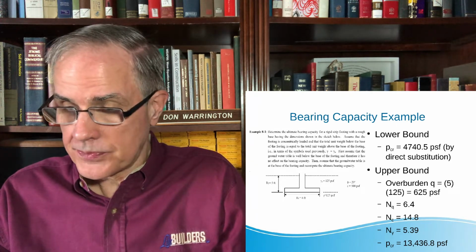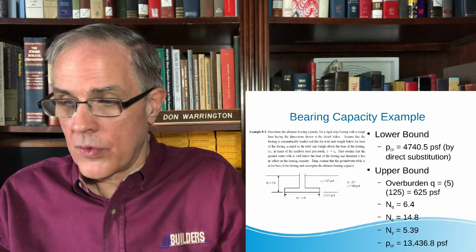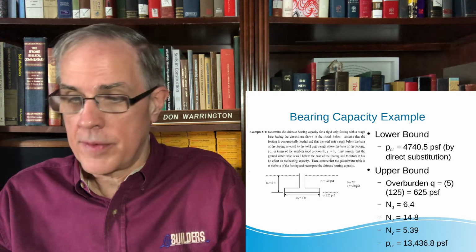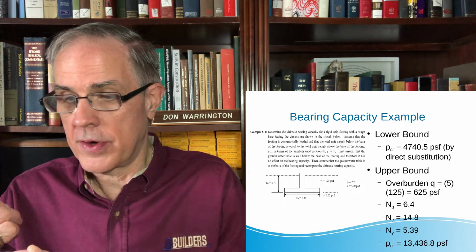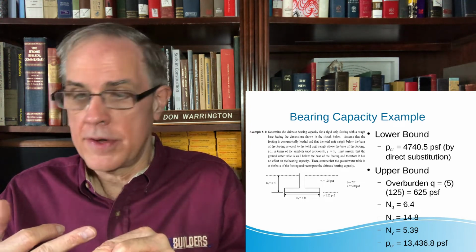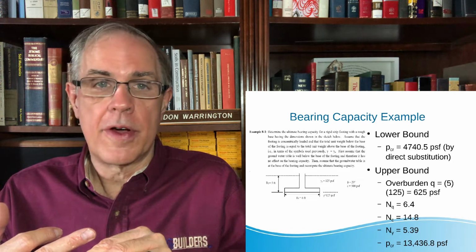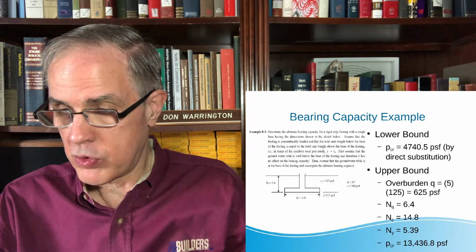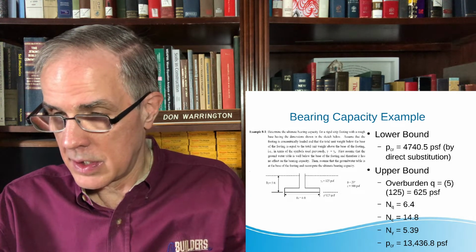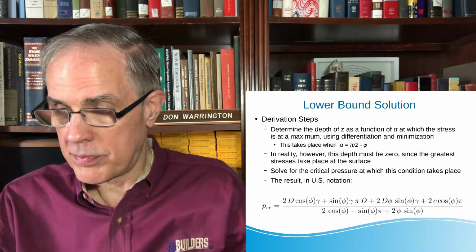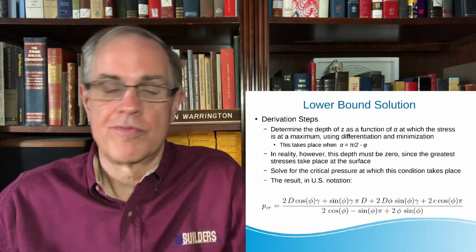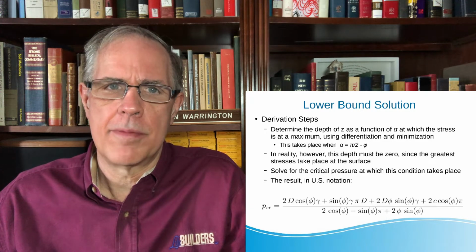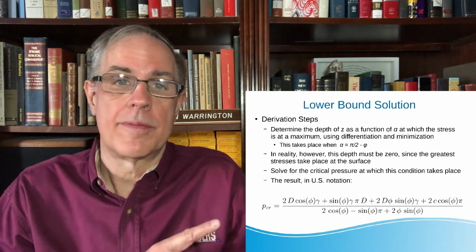And so how do you get it? Well, I'm going to leave it to you to do the math, but I will show you where it comes from. If you know phi is 20 and C is 500, the lower bound solution is pretty much direct substitution, since the lower bound solution assumes that gamma is the same above and below.